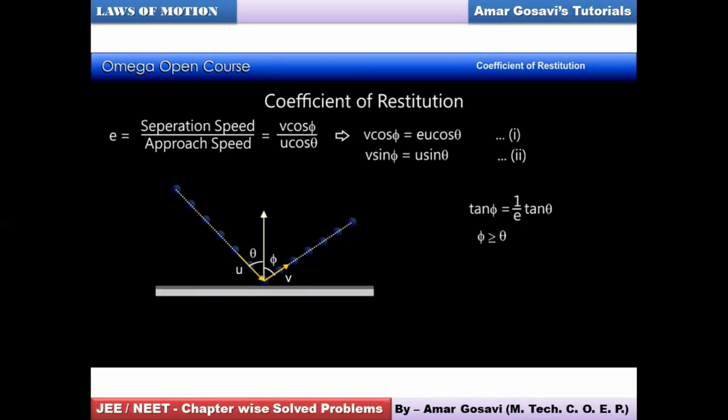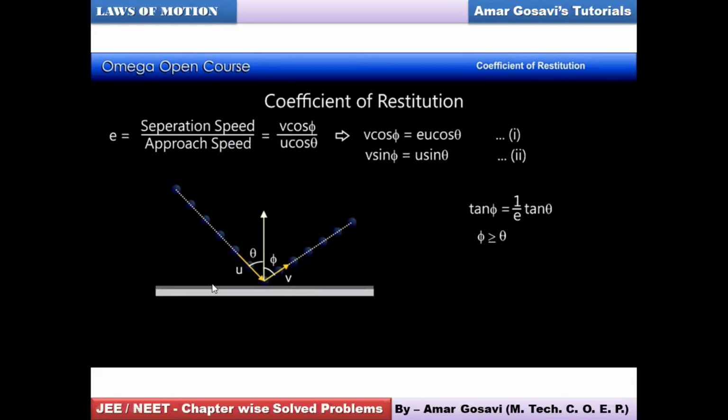Now when I shuffle this, v cos phi would be equal to e multiplied by u cos theta. This is, say, equation 1. So just like cos phi was equated to cos theta for the vertical, the horizontal component will be u sine theta, and the horizontal component for v will be v sine phi as per our principle of resolution.